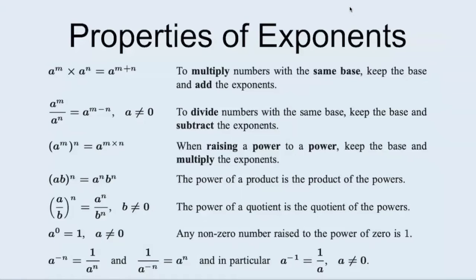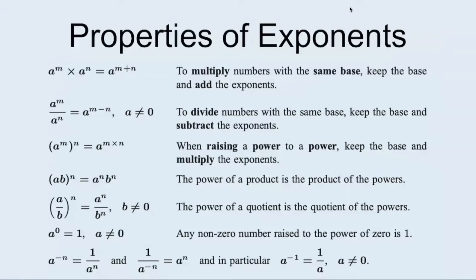If you have an exponential expression that is raised to another exponent, then you multiply the two exponents. Now, if you have the power of a product, meaning you have the product of A and B, you can express it as taking the power of both individual values.